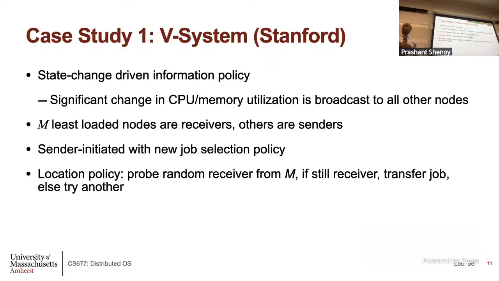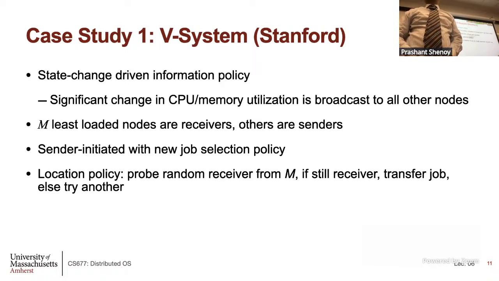That's the name of an operating system, by the way. It was an early one that designed a distributed scheduler for a network of workstations. It had what was called a state-change driven information policy, which means that whenever there was any significant change in load on a machine, that machine would broadcast its load information to all other nodes. So you would be receiving broadcasts of any important changes to load on other machines.